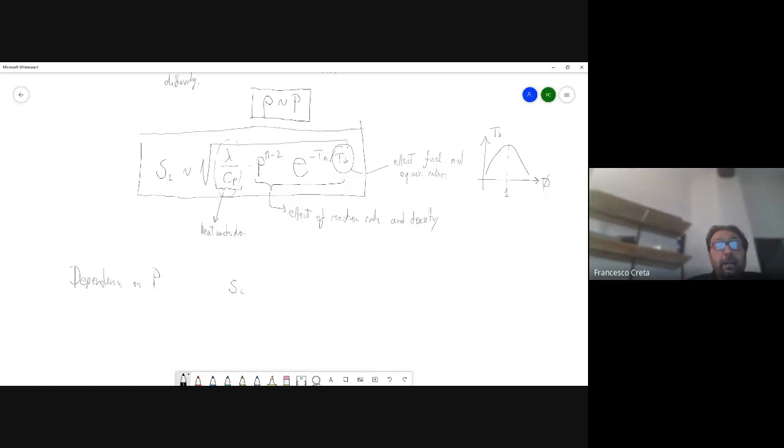So we had SL, which was depending on essentially two aspects, right? A P to the n minus 1, which was due to the reaction rate, okay, directly. It's essentially related to the concentration of the reactants. So as you increase the pressure, you essentially increase the concentration of the reactants. And we also had a 1 over rho, therefore a 1 over P. This was the effective density.